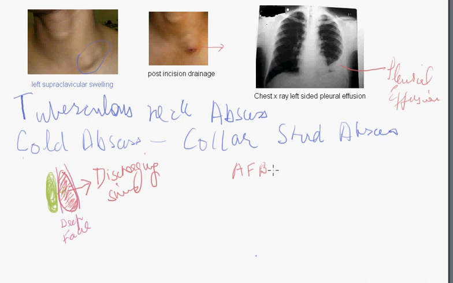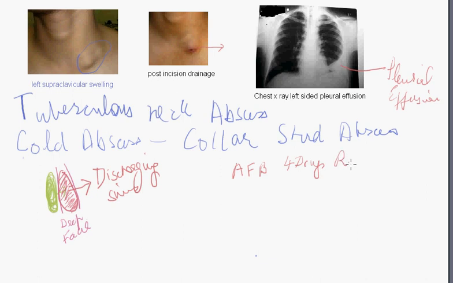The pus should also be submitted for TB culture. The TB culture takes about 4 to 6 weeks for reporting, but once you have seen AFB in the smear, the treatment should be started, and the treatment should be at least 4 drugs to start with.